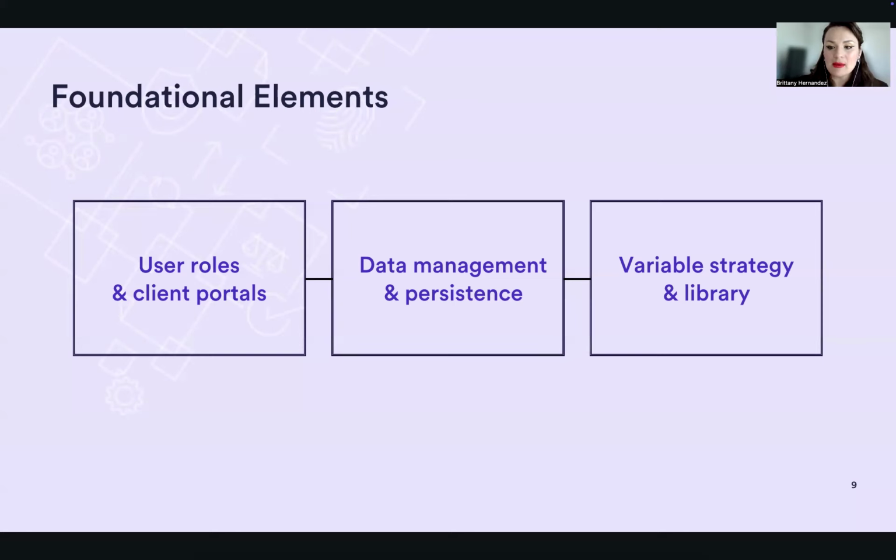When we talk about data management, this feeds into the idea of variable strategy. This is about taking information that's collected in one place and moving it into another context. For example, say I have a client intake form which asks basic information about their name, address, phone number, and email.